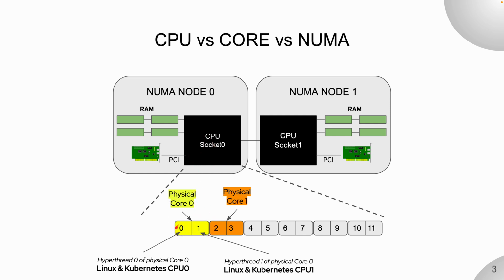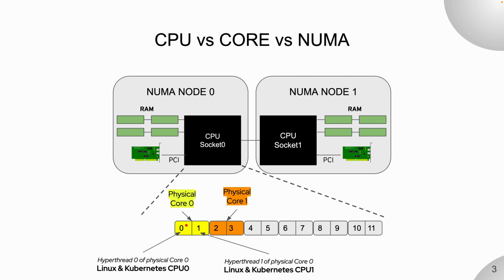And those hyperthreads are the Linux CPUs, which are also the Kubernetes CPUs, because Kubernetes reuses the Linux CPU concept. There is no Kubernetes CPU concept, it's just Linux CPU. Those Linux CPUs are numbered from 0 to max CPU minus 1, and do not give you information about their physical layout, such as whether they have the hyperthread of the second core on the first or second NUMA socket.